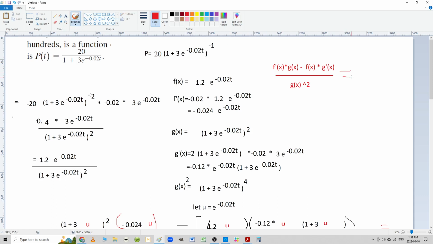The quickest way to get rid of this denominator is to multiply both sides by it, and you can see it disappears on both sides. In all these cases, the denominator will play no role.